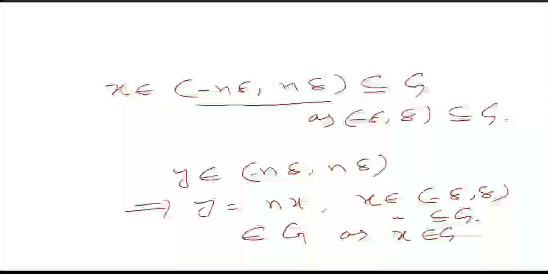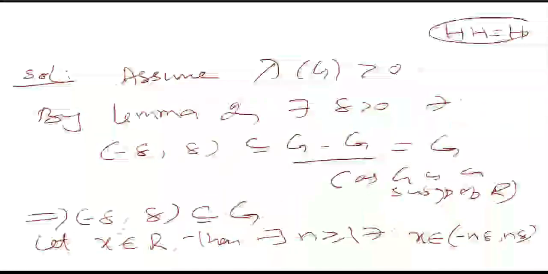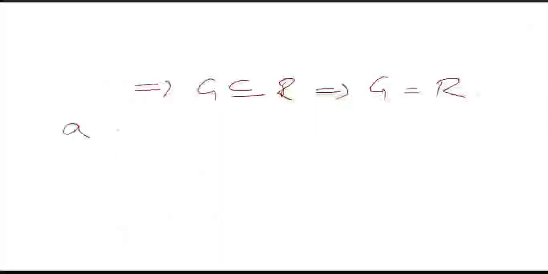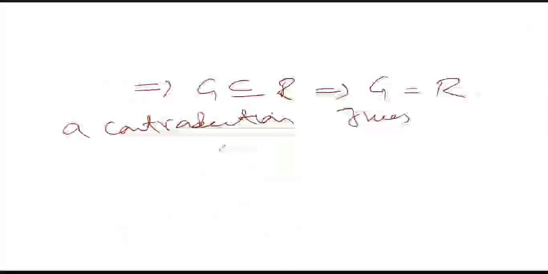Which means that the x you chose from R belongs to G. So that means R is a subset of G, which implies G is equal to R. A contradiction, because G is a proper subgroup of R. Thus the Lebesgue measure of G is always equal to 0.